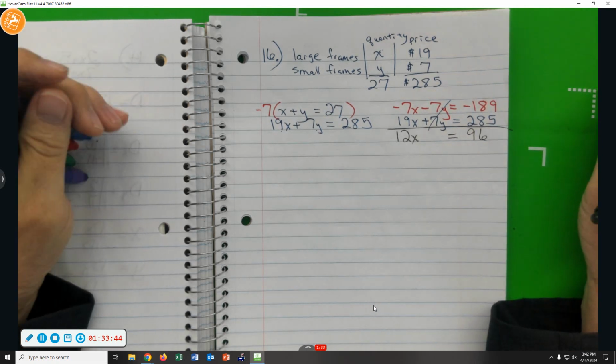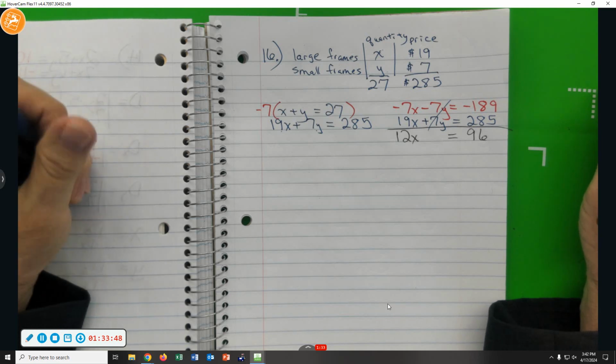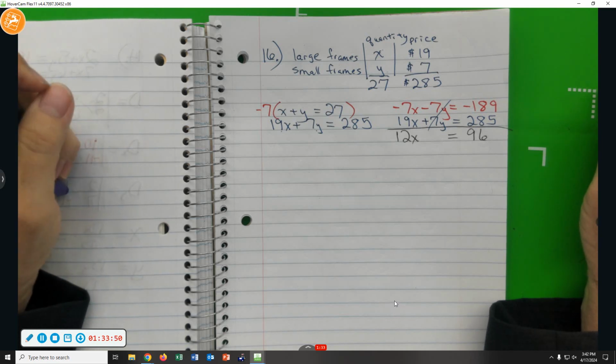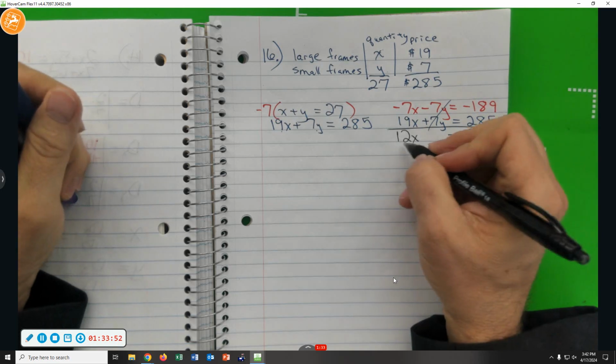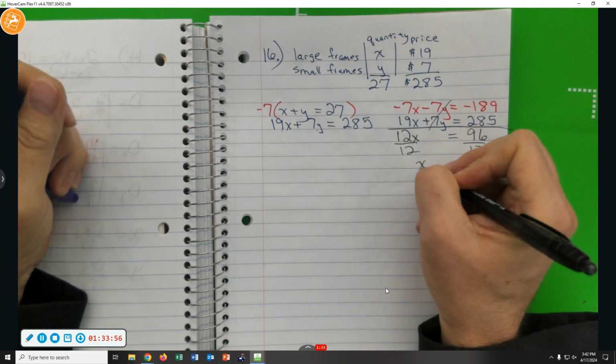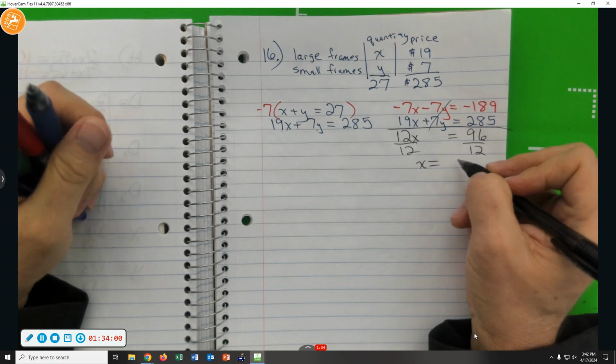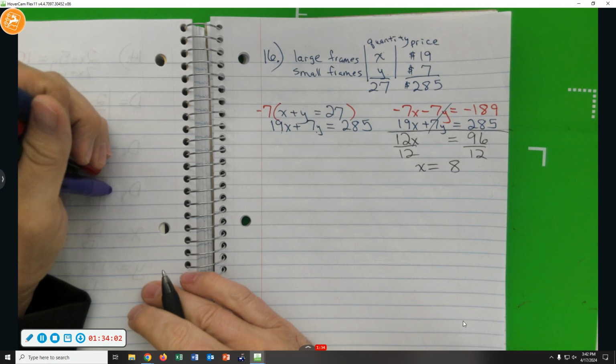I agree. There's only one step to get the value of x. Divide by 12. That gives me x equals 96 divided by 12, which is a positive 8.